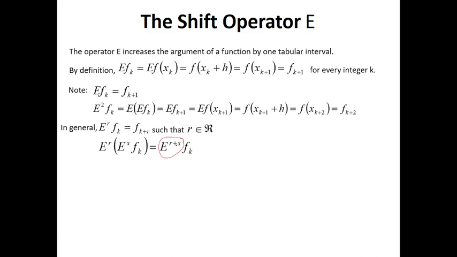So, r plus s shift of f sub k. Yun ang interpretation. Such that r is an element of the set of real numbers, and s is also an element of the set of real numbers.